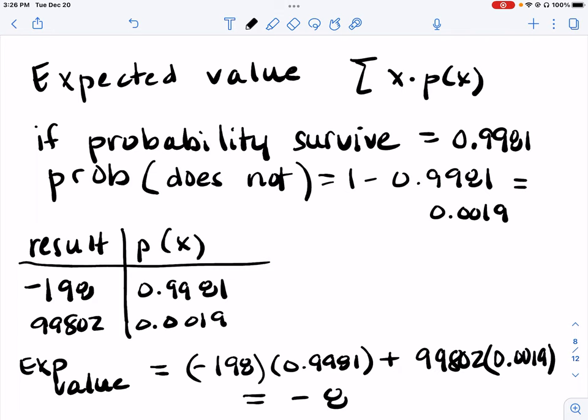The result of the person surviving is losing the $198. The probability of survival is 0.9981. The probability of not surviving is 0.0019. And the result of that is a gain for the beneficiary of 99802. So you multiply each result times its probability and add those two together. Okay.